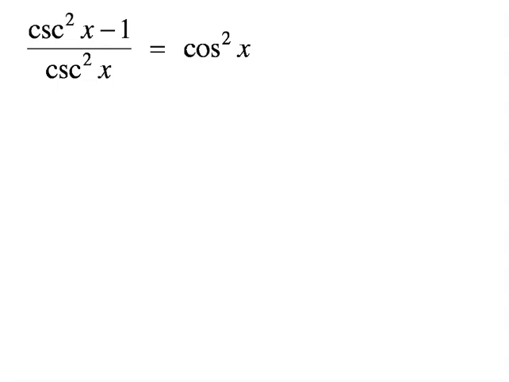The tip you're going to look for is a trig function squared and the number 1. So I'm going to look to see, is there something that I can substitute for this? Go back in your Pythagorean identities. What does cosecant squared minus 1 equal?